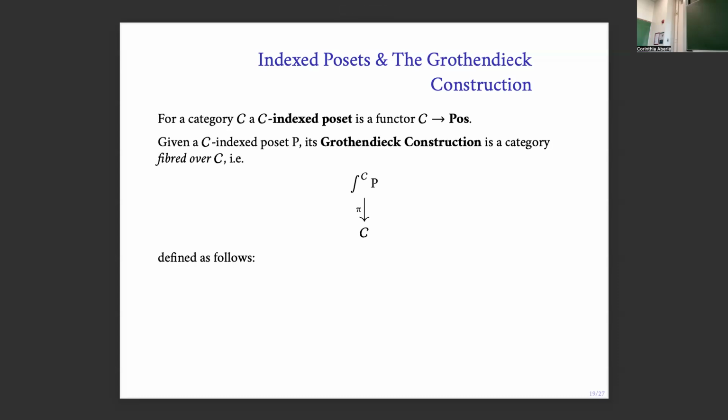And then given a C-indexed poset P, its Grothendieck construction is a category fibered over C, i.e. a functor like this, which is also a fibration, but we're actually not going to care too much about that particular aspect of it this time around, although it is important. And so we define this category integral of P as follows. The objects of this are pairs consisting of A and P of A, where A is an object of C and P of A is an element of the poset P of A.